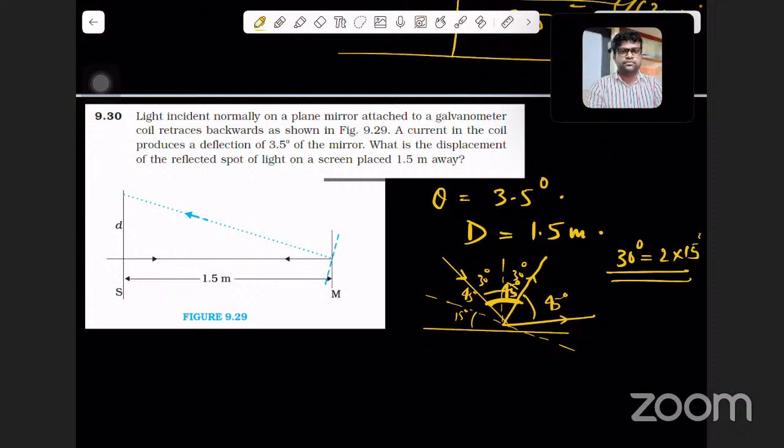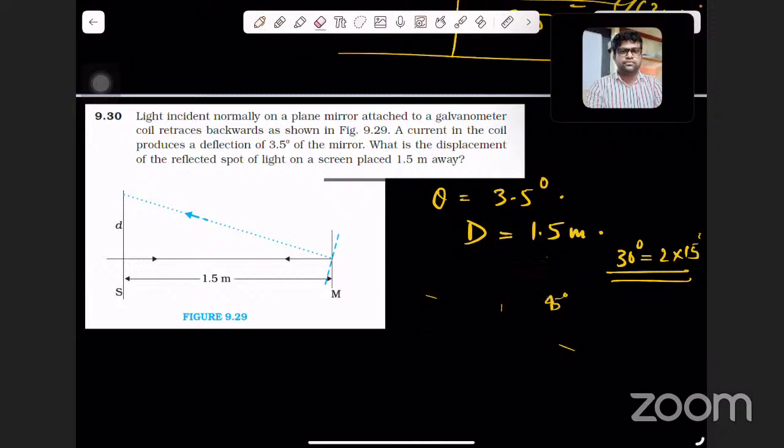So if I deflect the mirror by theta, this ray will get deflected from the original ray by 2 theta. If it's deflected by 3.5 degrees, then between the original ray and the new ray, this angle should be 2 theta, that is 7 degrees.